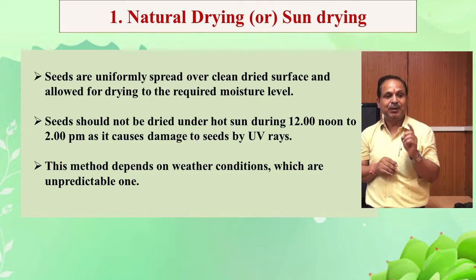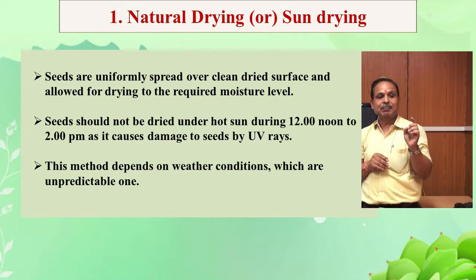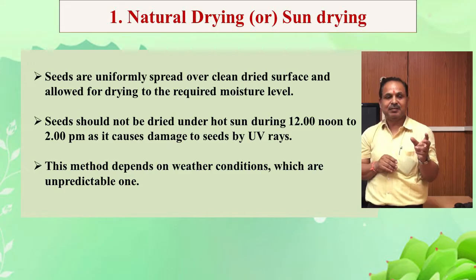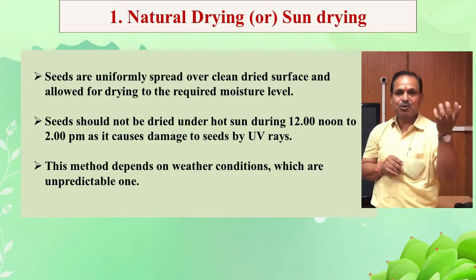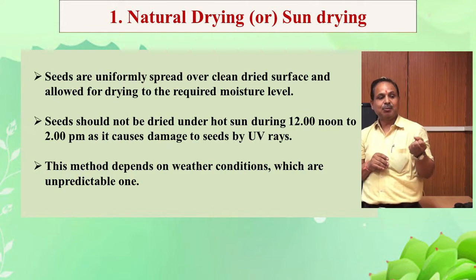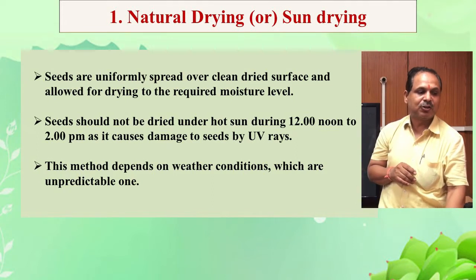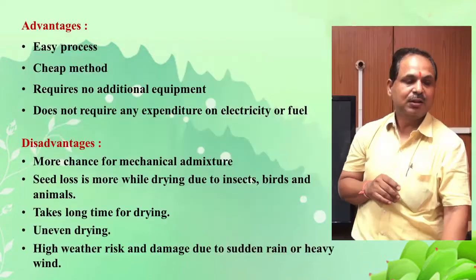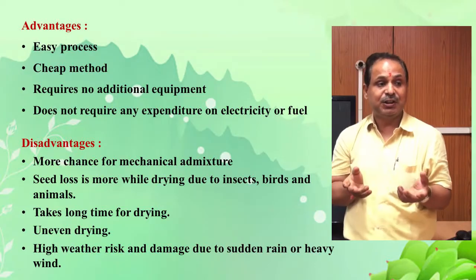So seeds should not be dried under the hot sun. This method depends on the weather condition. If there is no sunny weather, we cannot use this method of seed drying. The advantage of this type of natural drying is that it is easy in process.